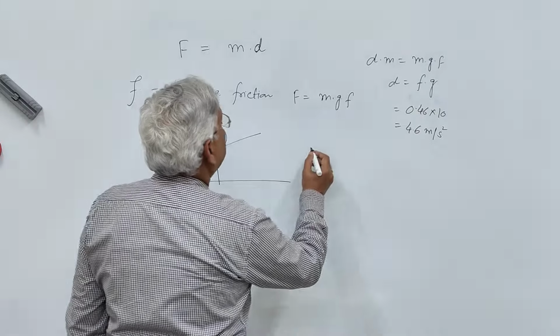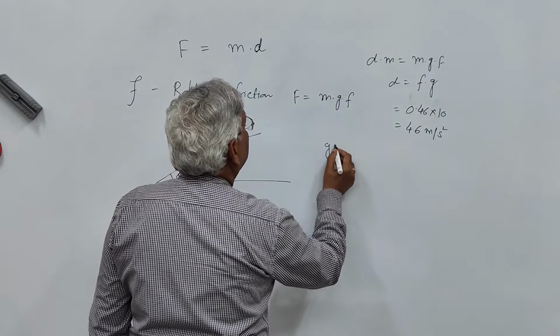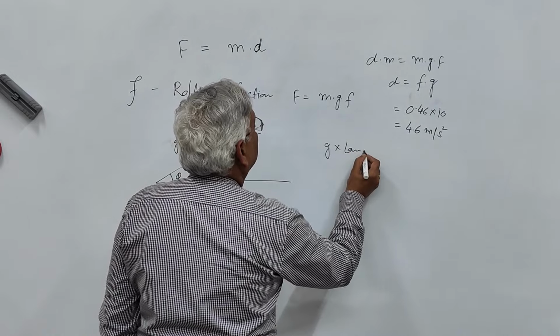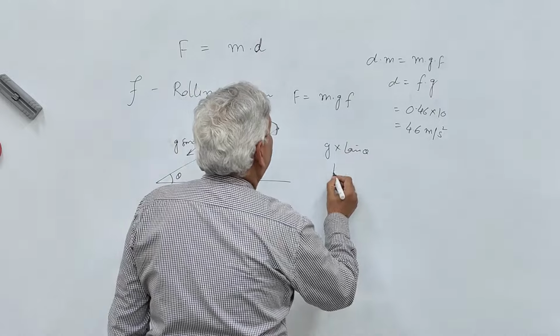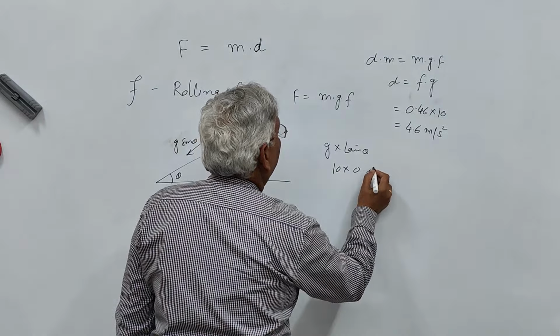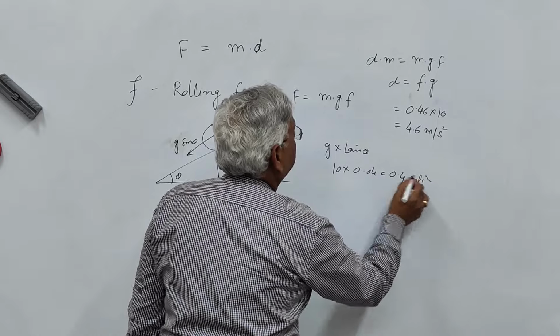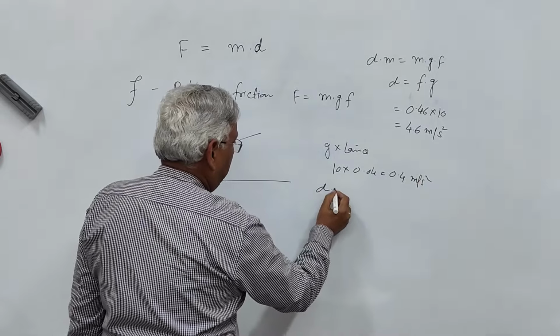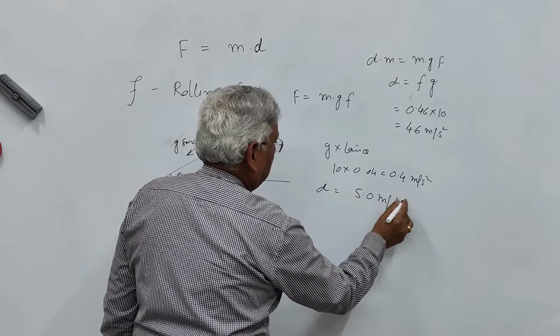So this will be additional rate of deceleration, that is g into tan theta, and tan theta is given as plus 4%. So 10 into 0.04, that is 0.4 meter per second square. So total deceleration now will be 5.0 meter per second square.